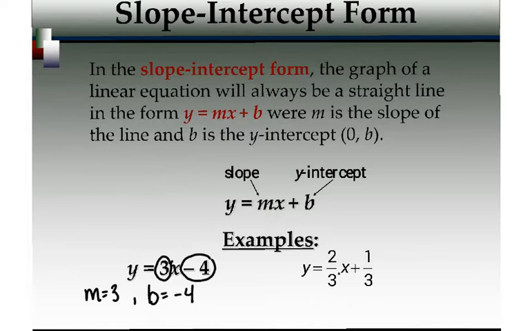Okay, let's do that again. The number being multiplied to x, that is your slope. So that's 2/3. And the number being added or subtracted is your y-intercept. So positive 1/3. And we are done with that.